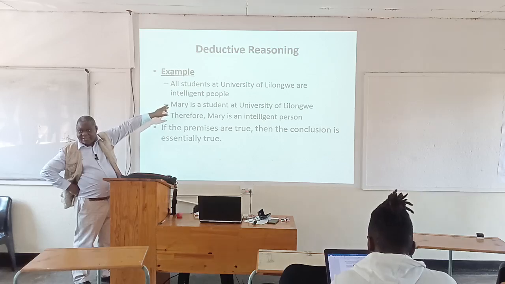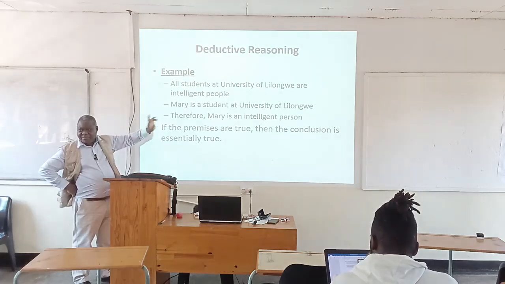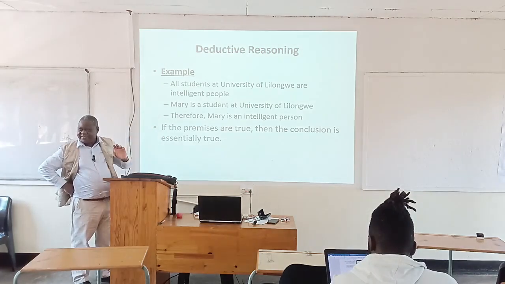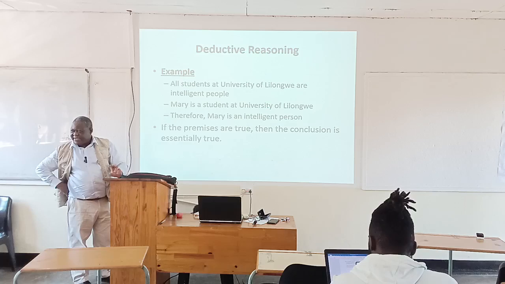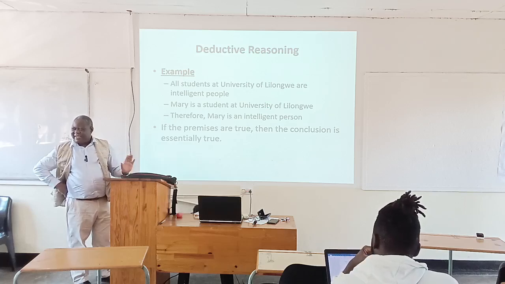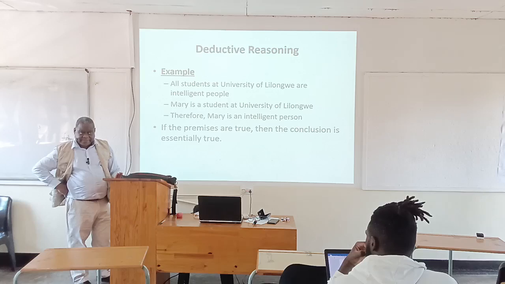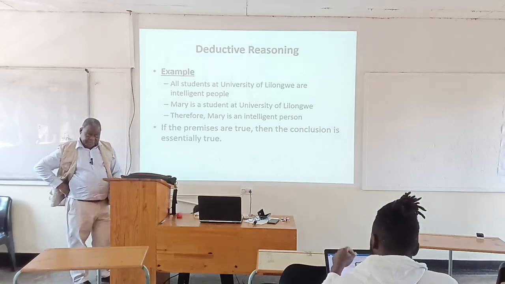University students are intelligent people. Mary is a university student. There's a connection. Therefore, Mary is an intelligent person. That conclusion cannot be contested. And that's what we're arguing in terms of deductive reasoning.